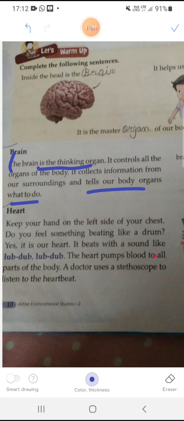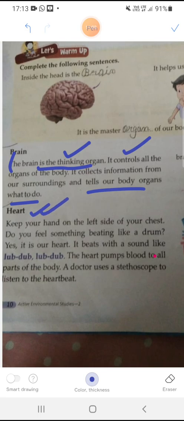The brain is the thinking organ. It controls all the organs of the body. Then next, it collects information from our surroundings and tells all our body organs what to do.